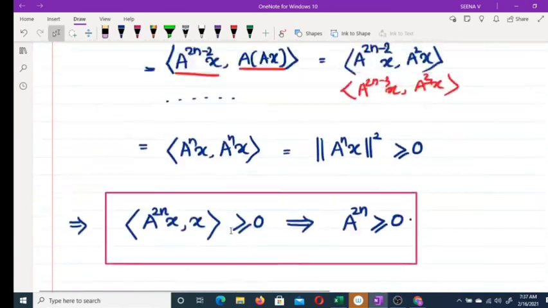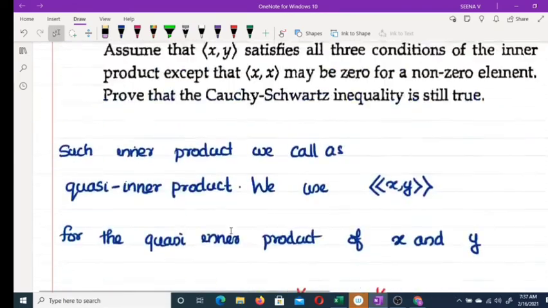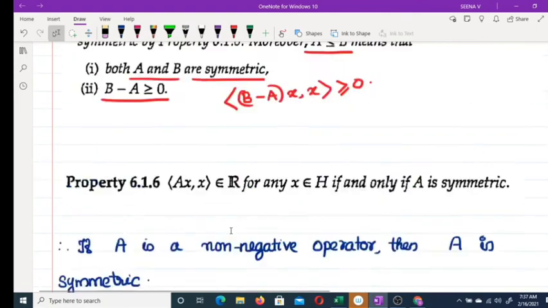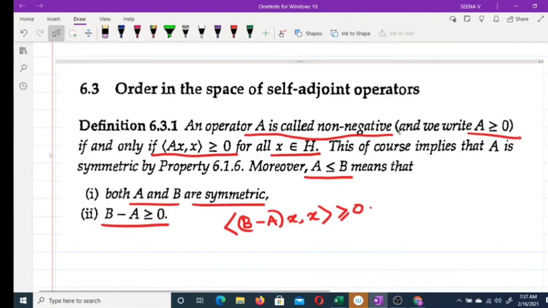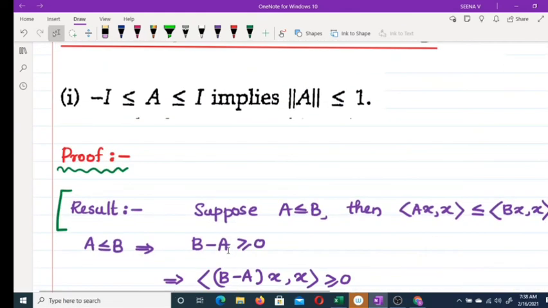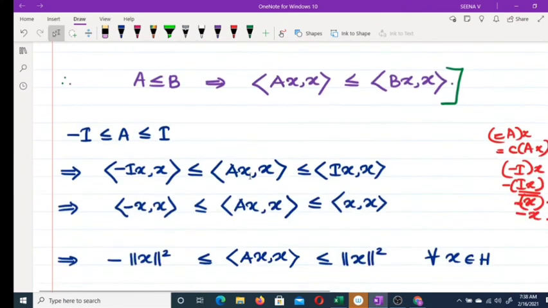Just to recall what we have discussed today. We have first the definition: an operator A is called non-negative, we write A greater than or equal to 0, if inner product A x, x greater than or equal to 0 for all x belongs to H. And we have our next property: minus I less than or equal to A less than or equal to I implies norm of A less than or equal to 1.